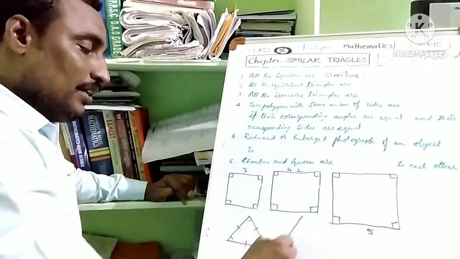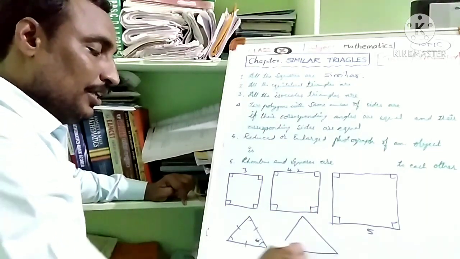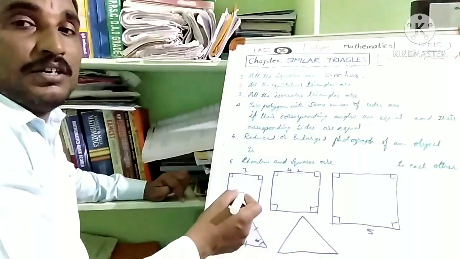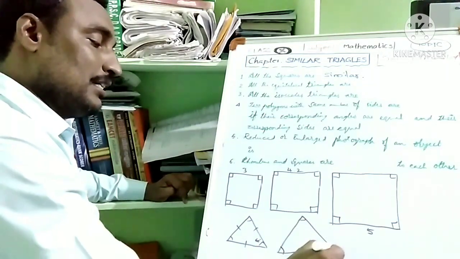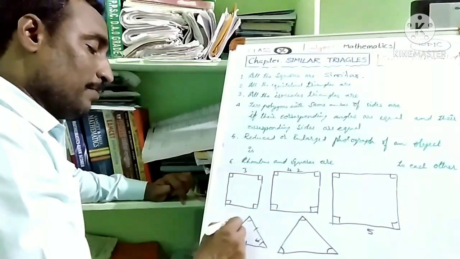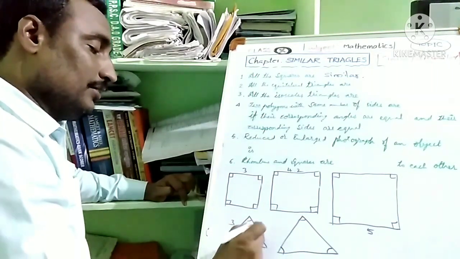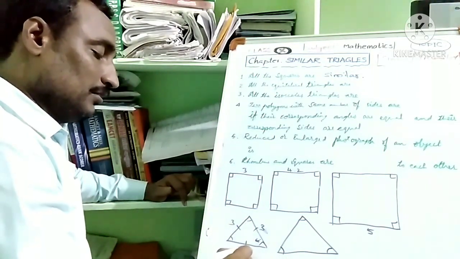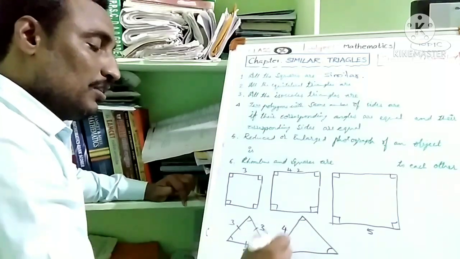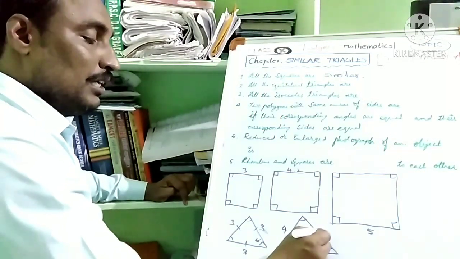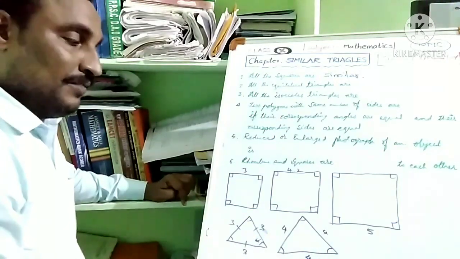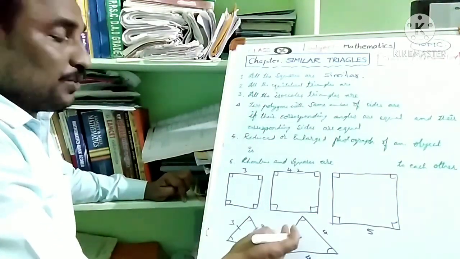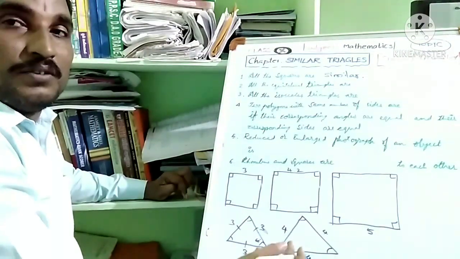Suppose this triangle has sides 3, 3, 3, with angles 60, 60, 60. In the other, each side is of length 4: 4, 4, 4. Now the ratio is 3:4, 3:4, 3:4.